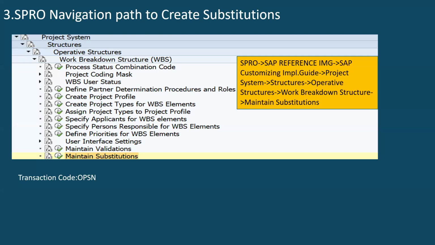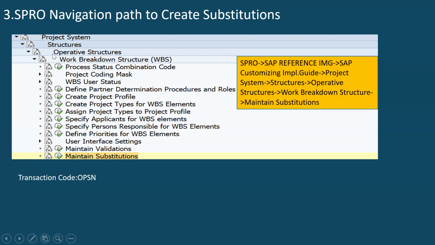Now this is the navigation path. SPRO, you need to type SPRO in the command field on the SAP Easy Access screen, press enter. Then it will open a screen. There you need to press SAP Reference IMG. Then a node will open. The highest node is SAP Customizing Implementation Guide.